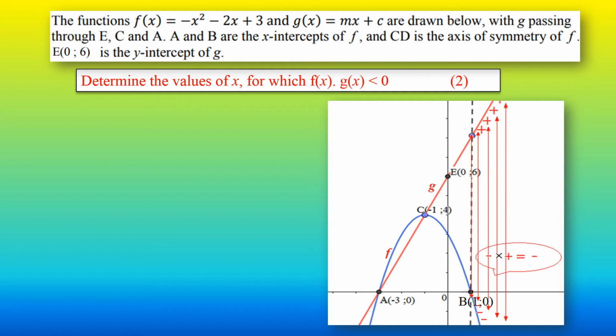So our x values, the question is to find the x values. Where do we start? After B. Okay. So our final answer is x is greater than 1, and x element of R.